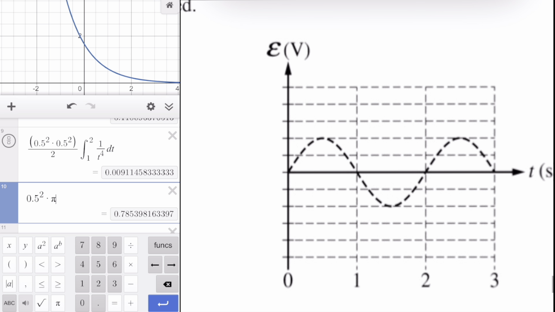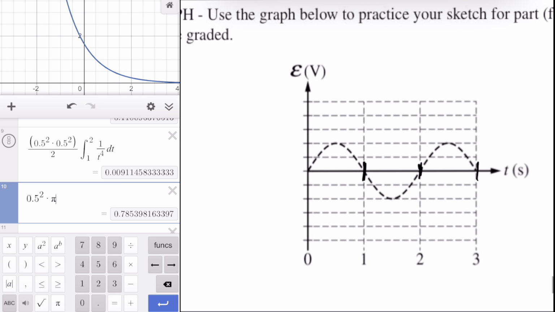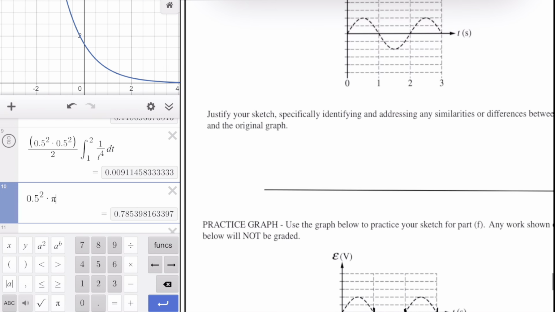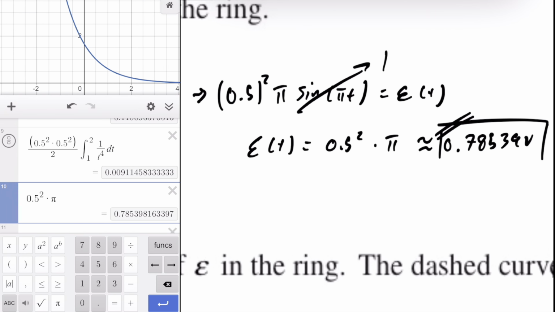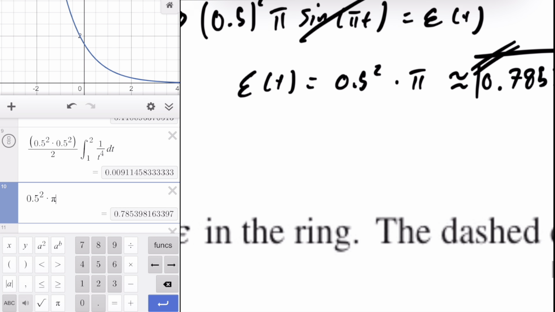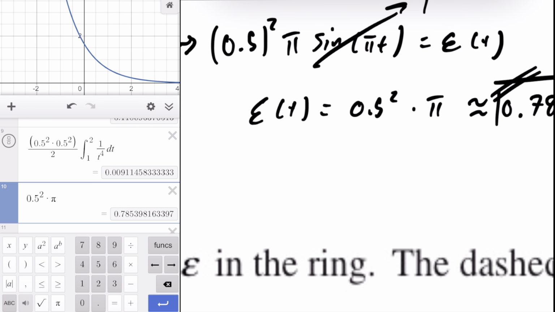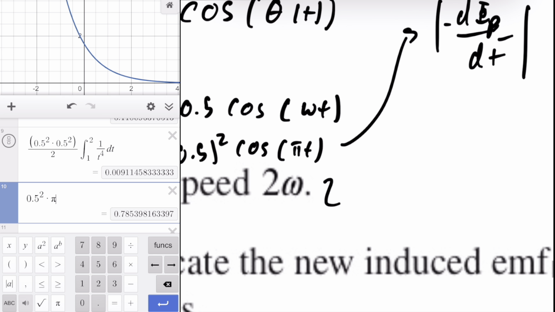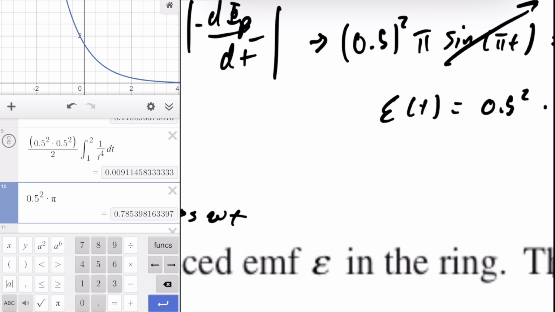So now, whatever this completes here, now it's going to have to do in 1 second. So we're going to have 3 complete oscillations that look kind of like that. Next issue: the magnitude of the max induced voltage will also change. If I were to just derive it without the pi, this would be 0.5 squared cos Wt, and that'll turn into 0.5 squared W sine Wt.